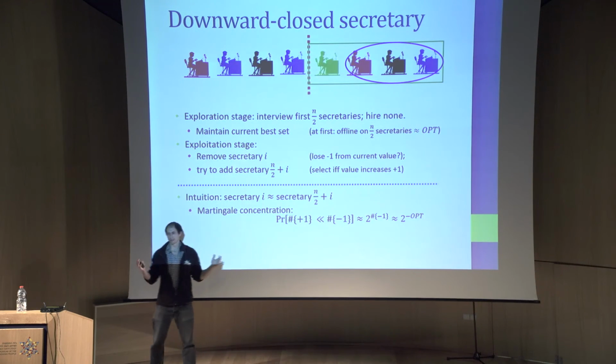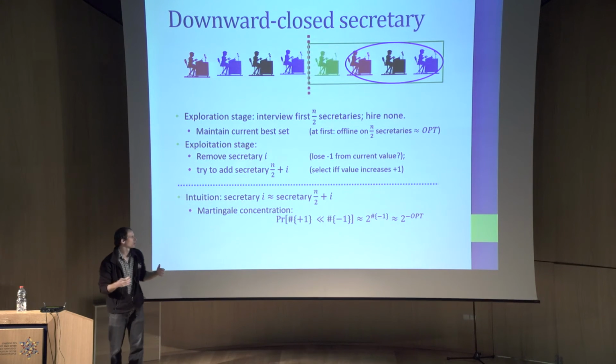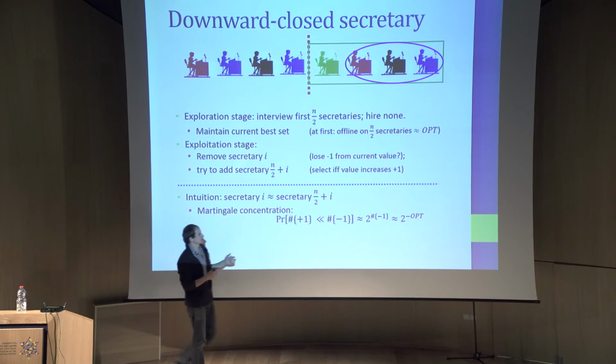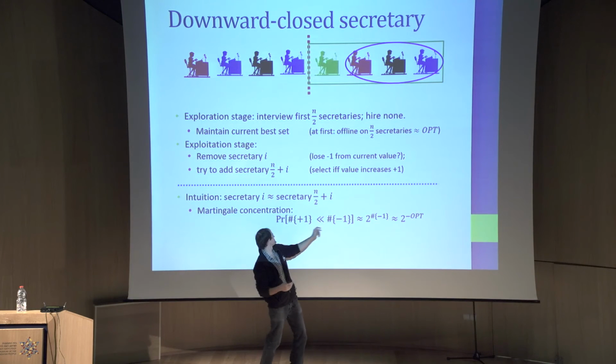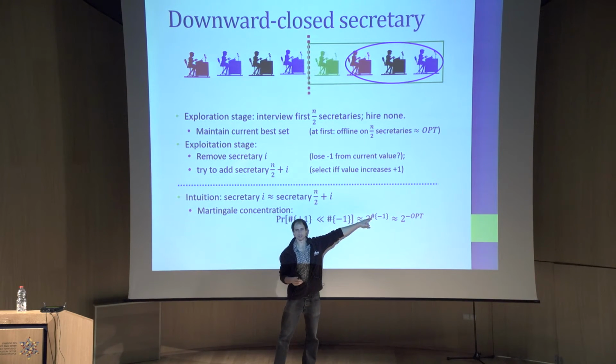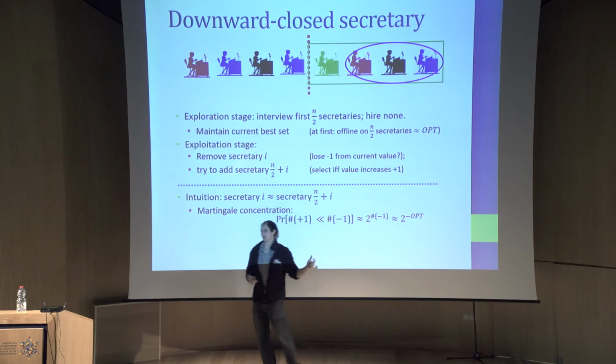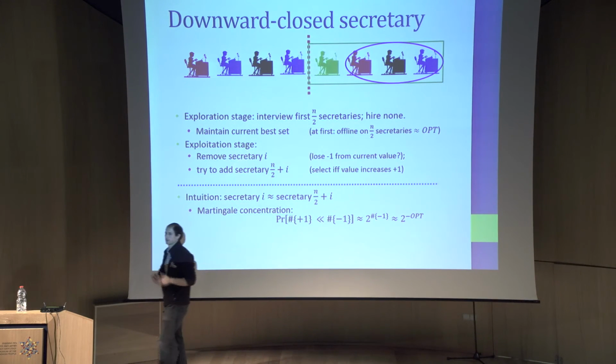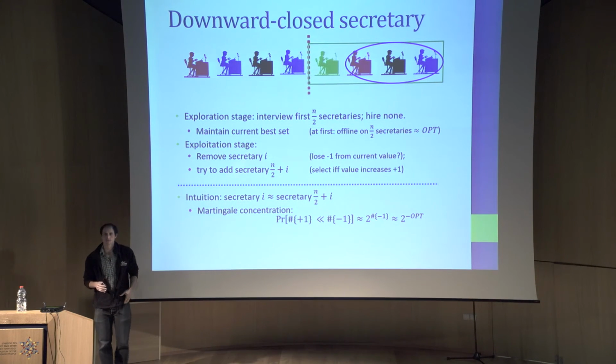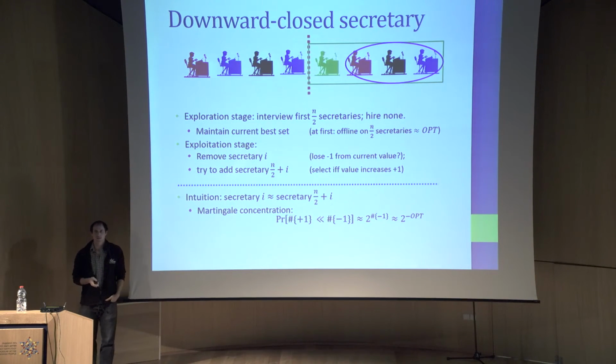The best kind of concentration bound you can hope for will give you a probability that is 2 to the minus number of minus ones. So 2 to the minus opt, approximately, where opt is the value of the offline solution. And there is a concentration inequality that gets you essentially that. The number of 1 or minus 1 in the selected set.